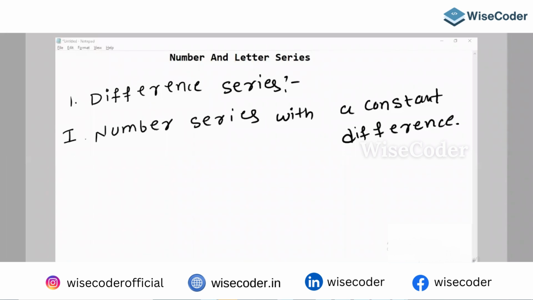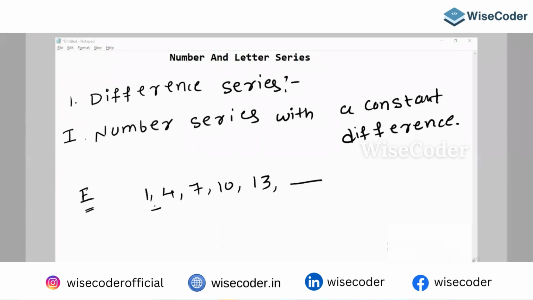Let's take one example. 1, 4, 7, 10, 13. What is the next number? If you closely look at this, it is a constant difference.